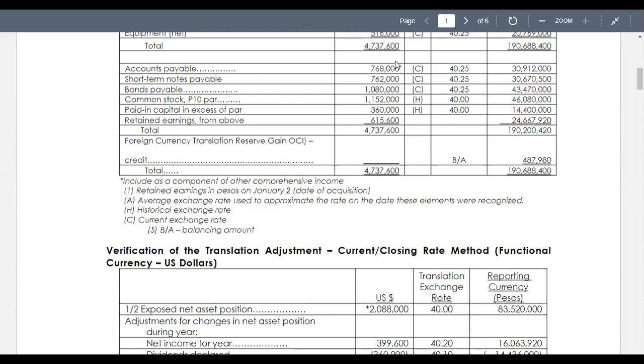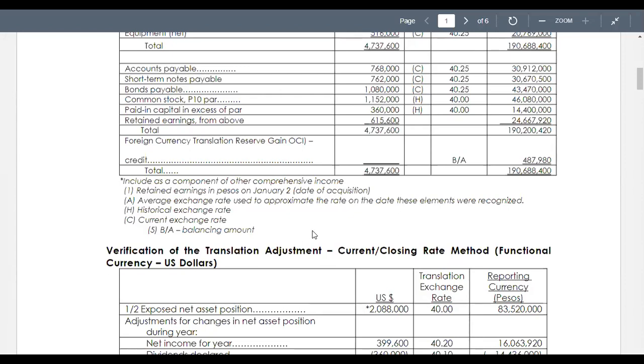Advertising expense falls under other revenues and expenses accounts, which will be translated using the average method. So advertising expense is 0.19A, the average rate.